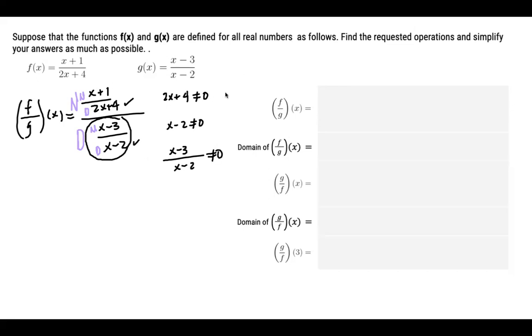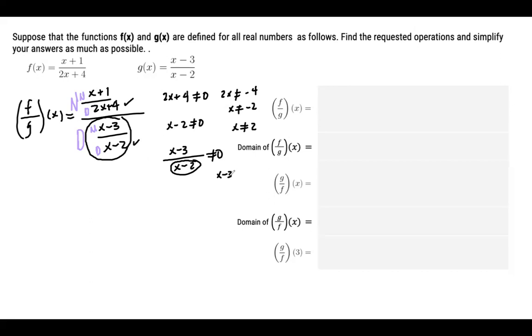So that would make our first restriction. We're going to have 2x is equal to minus 4, so x has to be different than minus 2. The next one, x has to be different than 2. And lastly, if you notice, this x minus 2 is going to end up multiplying a 0.